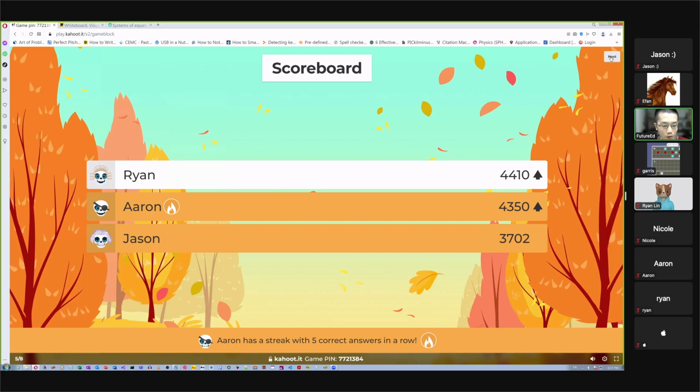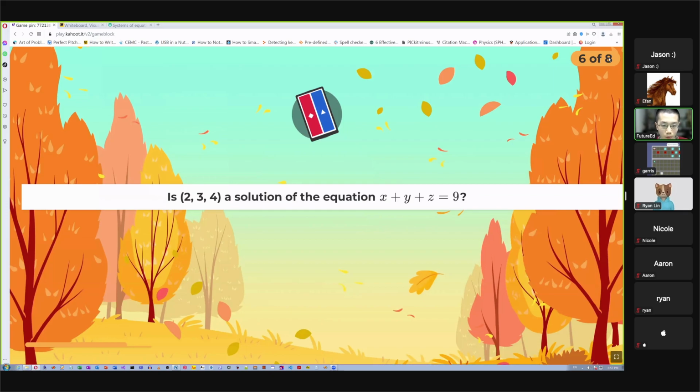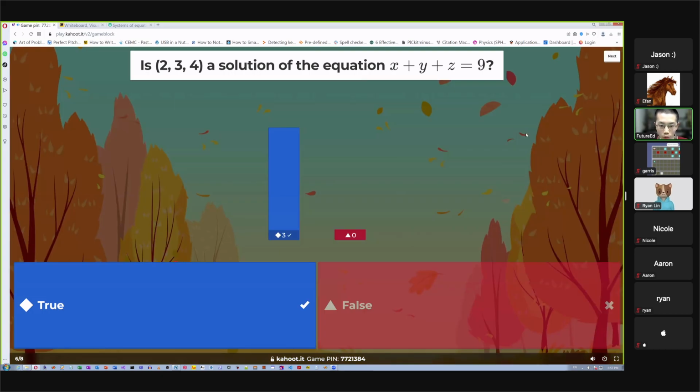I changed the numbers. Don't want to rush this one. Oh well, I guess everyone did rush this one. But yeah, in this case, you assume that X, Y, Z is 2, 3, 4 respectively.